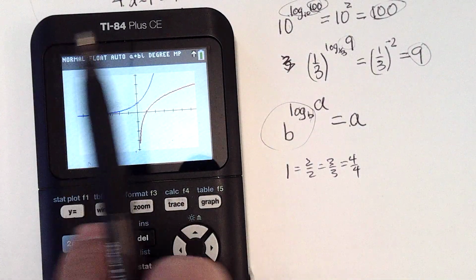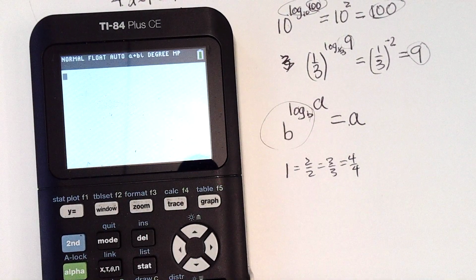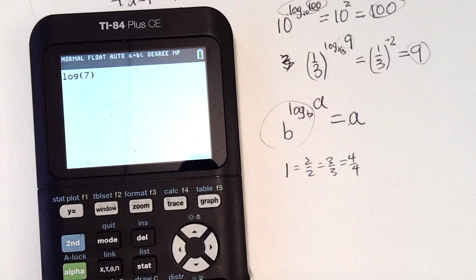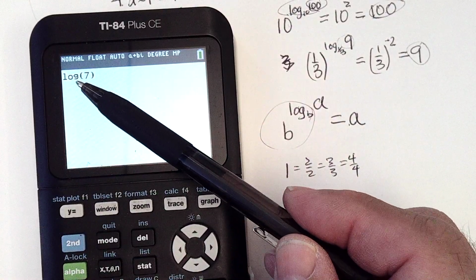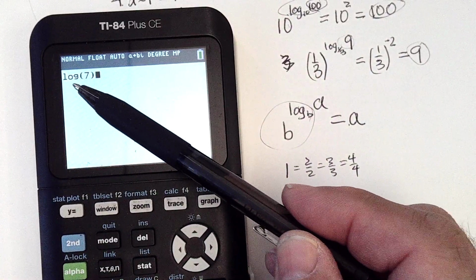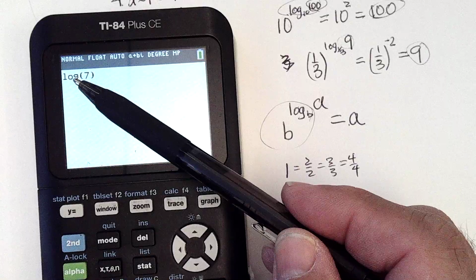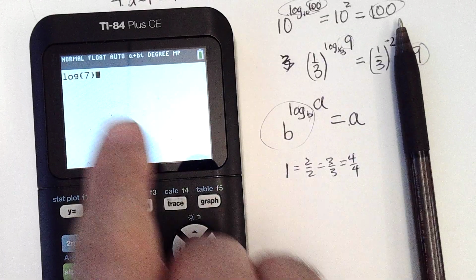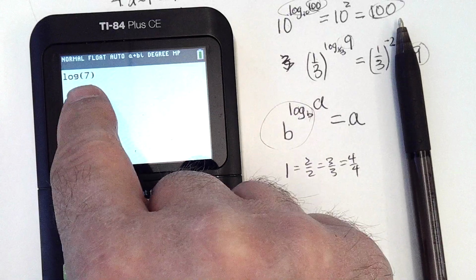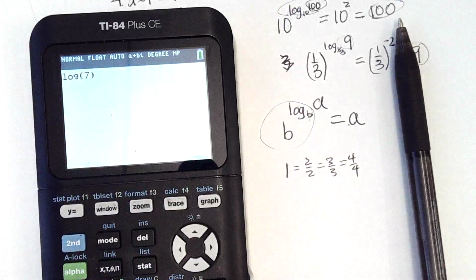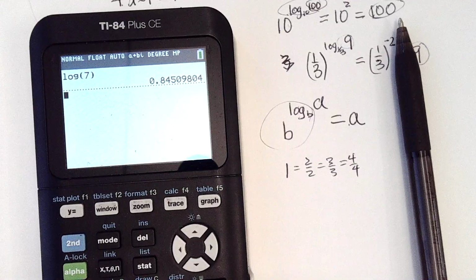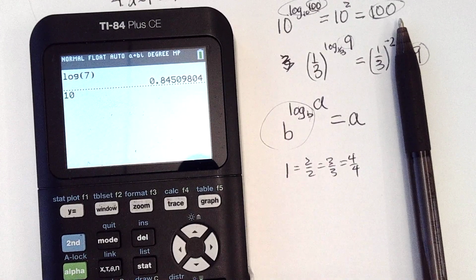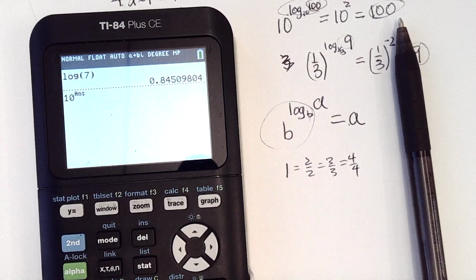If I type in log 7, this is saying, to what power did I take? There's no base shown, so it's on a log. If there's no base shown, it's understood to be 10. So this is asking, to what power do I take 10 to get 7? Now, if I take 10 to that power, I will get 7.